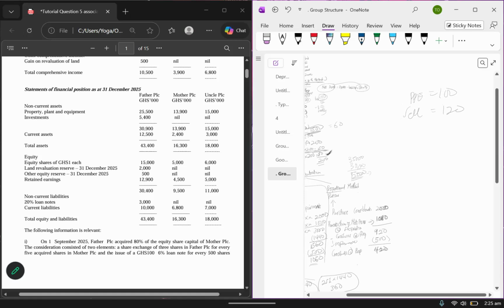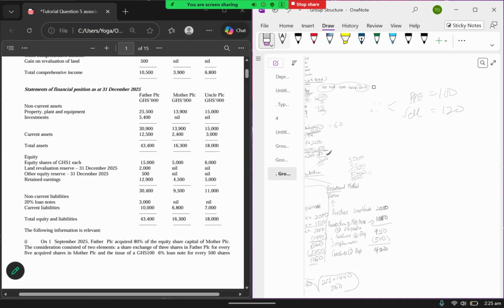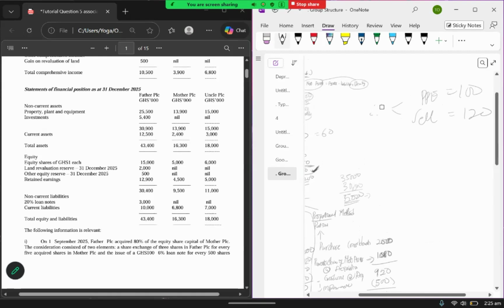Who sold to whom? If the parent is the one selling, the 20 profit will be in the parent's group retained earnings.